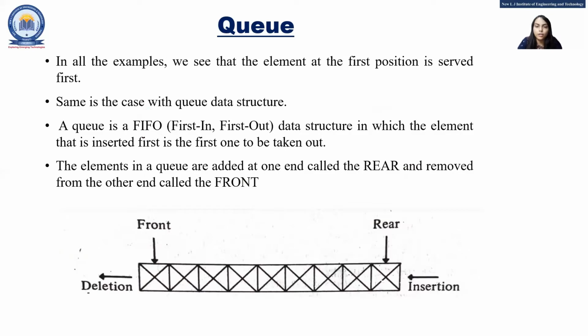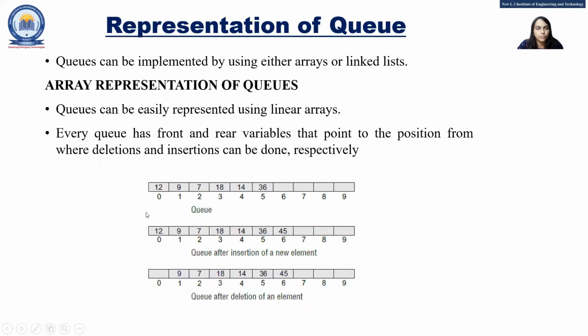You could draw it in the reverse way, with front over here and rear over here, but then the positions also change. So insertion has to be from the rear end and deletion has to be from the front end. Now, students, queue is an abstract data type. It is basically a concept which could be implemented using arrays or linked lists, right? It can also be implemented using stacks.